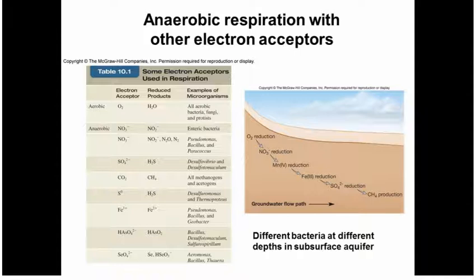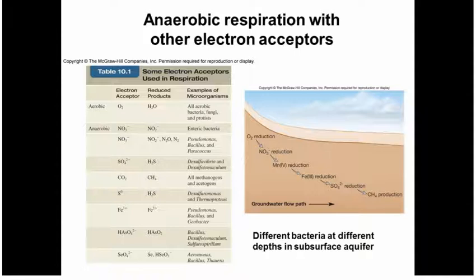So the energy comes in the form of organic carbon. It's going to be metabolized by glycolysis, produce NADH, and these different minerals will act as terminal electron acceptors for anaerobic respiration.